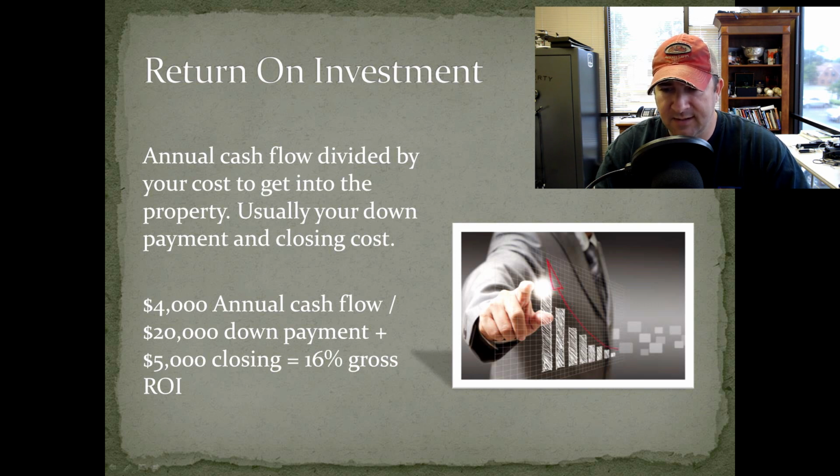My little example down here is if you get $4,000 in annual cash flow, you divide that by the $20,000 that you have to put down. In this example, it looks like we're buying a $100,000 home, and you have estimated $5,000 in closing costs. So $4,000 divided by $25,000 gives you a 16% gross return on investment. Is that good? I don't know.